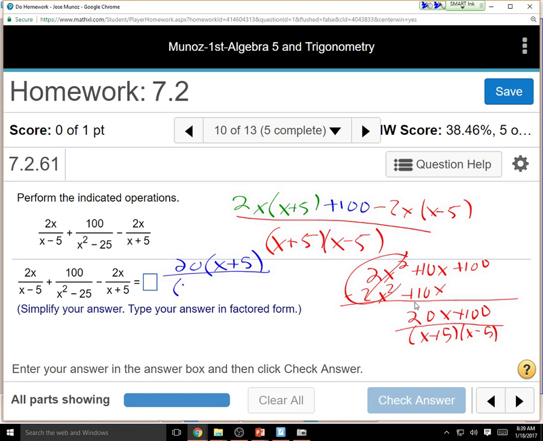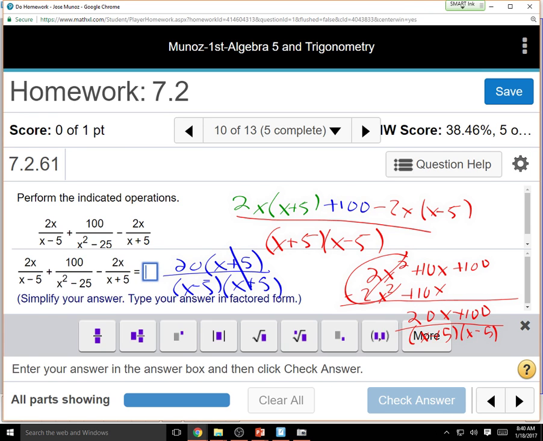And of course, I've got in the denominator x minus 5 and x plus 5. What's going to happen? The x plus 5s become 1, don't they? So that is simply 20 divided by x plus 5.